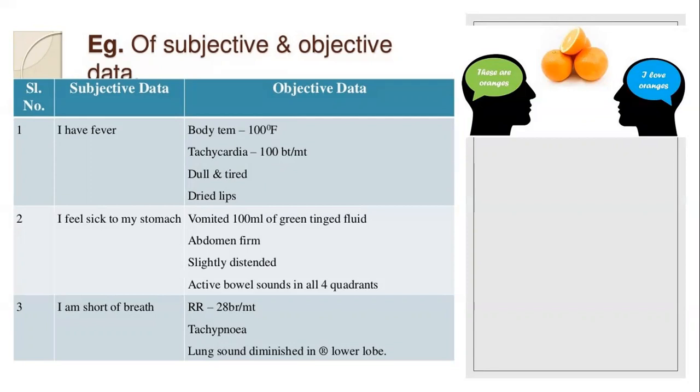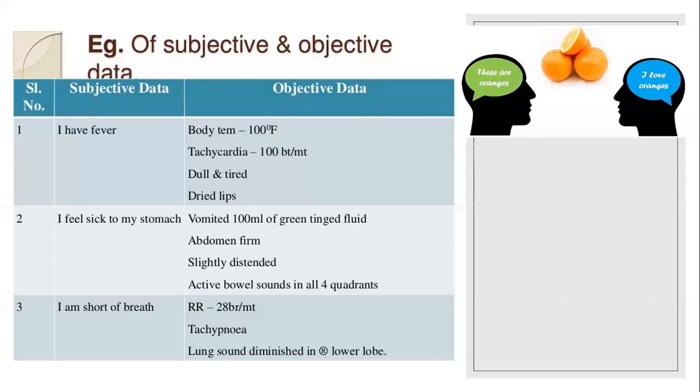Patient complains, I feel sick to my stomach. You cannot get into the stomach and see, it is not possible. What the patient said, you have to trust. But you can see if the patient has any vomiting, but you do not see the nausea.